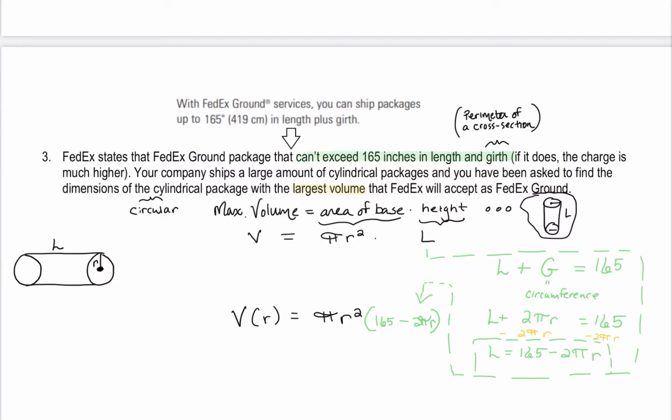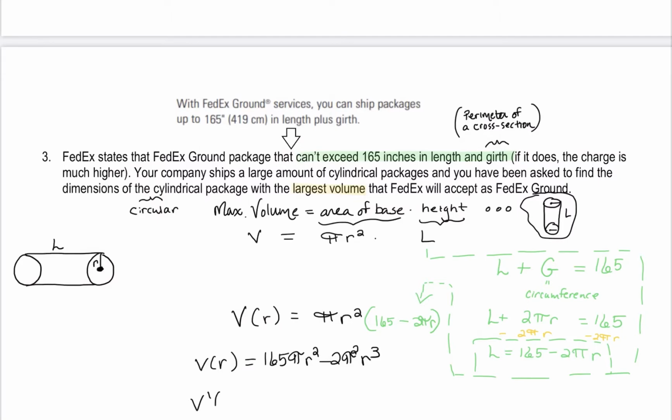That's great. Since this is just a monomial times a binomial, I would probably be pretty tempted, and I think I will just go ahead and distribute before I take the derivative. Your other option would be product rule. So distributing through the pi r squared, we're going to have 165 pi r squared minus 2 pi times pi, so there's going to be a pi squared there, and r squared times r is the r cubed.